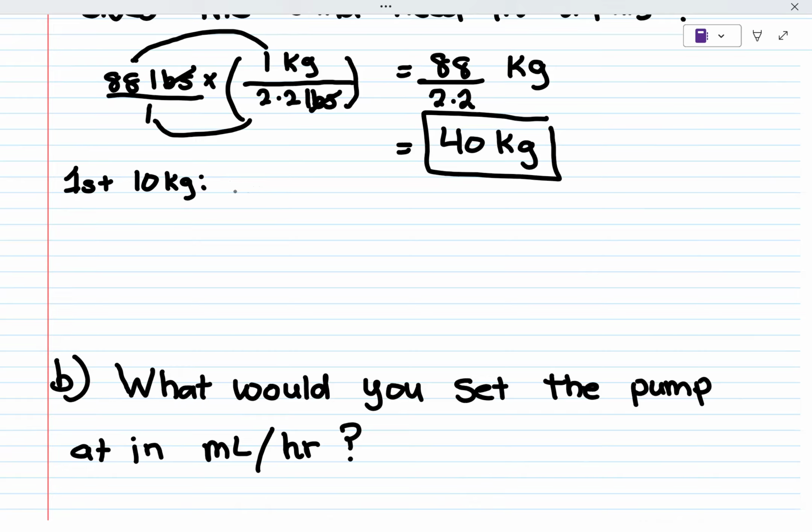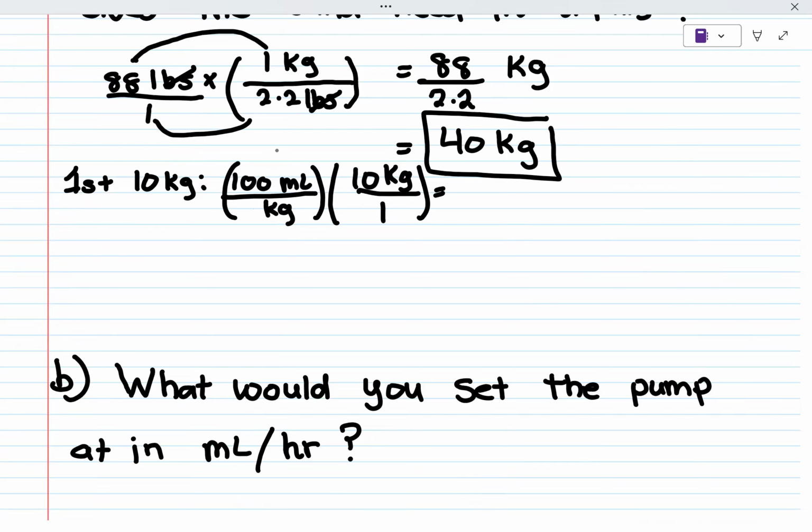According to the Segar rule, for the first 10 kilograms, you provide 100 milliliters per kilogram per day. So really that is going to be 100 milliliters per kilogram times 10 kilograms over one.